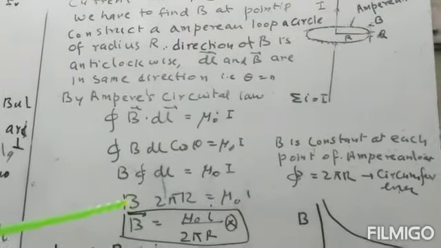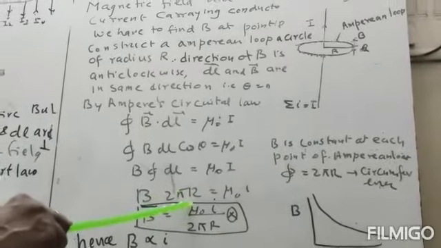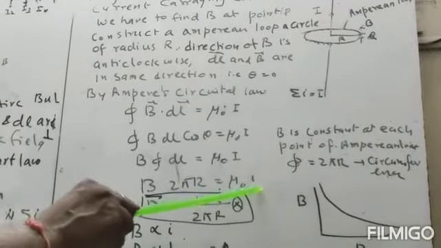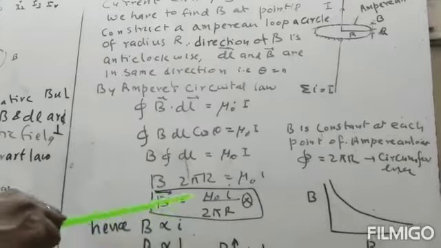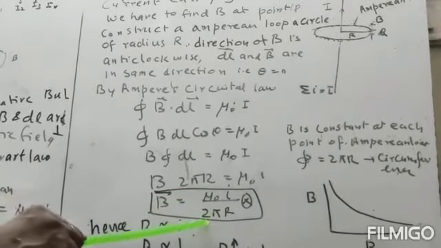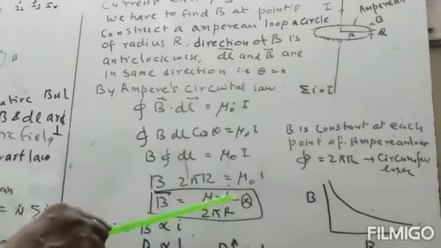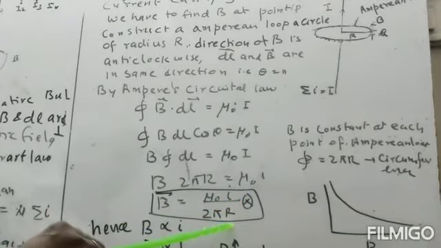So this will be B into 2 pi r, which will be equal to mu0 into I. So B will be equal to mu0 divided by 2 pi, into I by r.